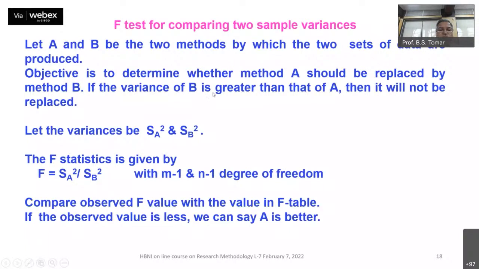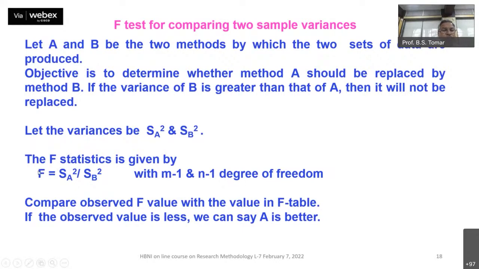If the variance of B is greater than the variance of A, then it will not be replaced. So let the variances be SA squared and SB squared for the two methods. The F statistic is given by SA squared by SB squared, where for A we have m minus 1 degrees of freedom, and for B we have n minus 1. So you have different degrees of freedom.